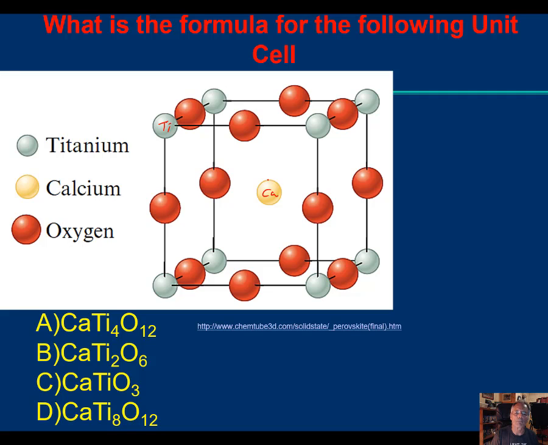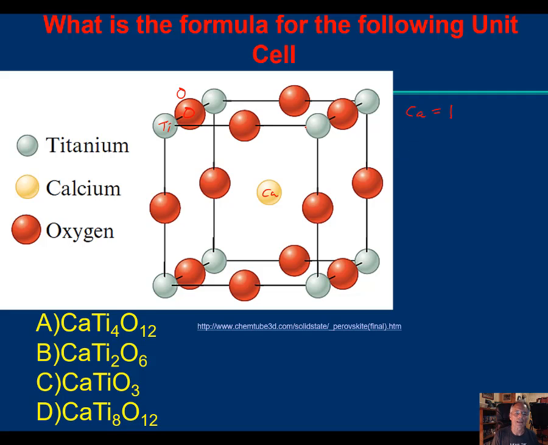It's in the body-centered configuration. And then on the edge-centered, these are oxygens. So let's just deduce this. So first of all, the easy one is calcium. It's in the body-centered configuration. So there's one calcium in a single unit cell.